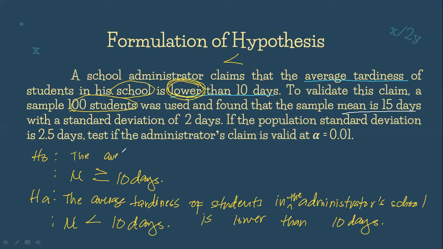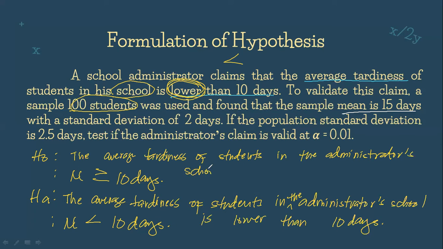The average, again, tardiness, the average tardiness of students in the administrator school is 10 days para po dito sa equal sign at di ba po meron pa po tayong greater, kaya pwede po nating dagdagan na or more to connote the more o po the greater dito po. So again po, ulitin lang po natin, the average tardiness of students in the administrator school is 10 days.